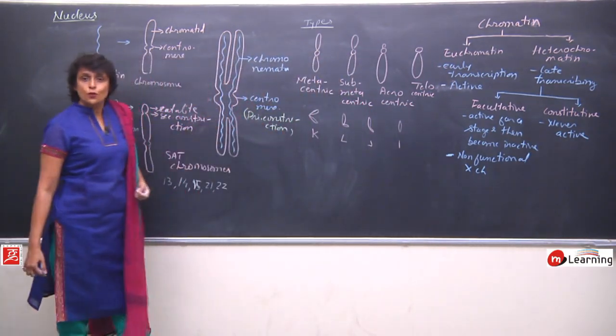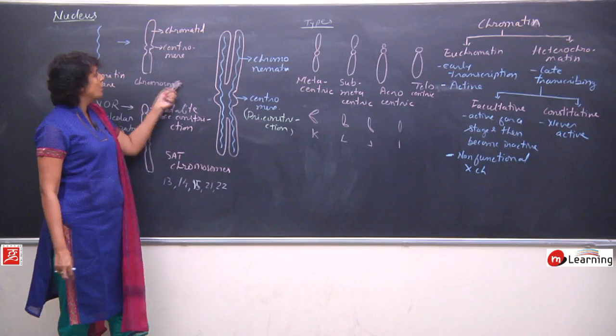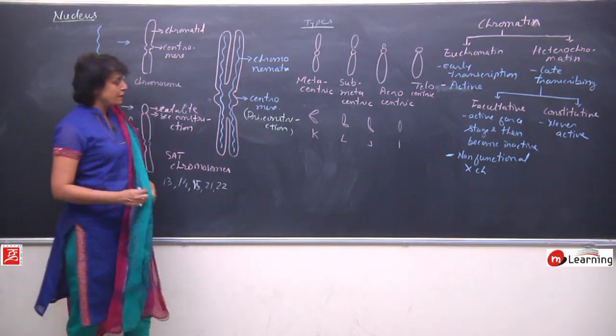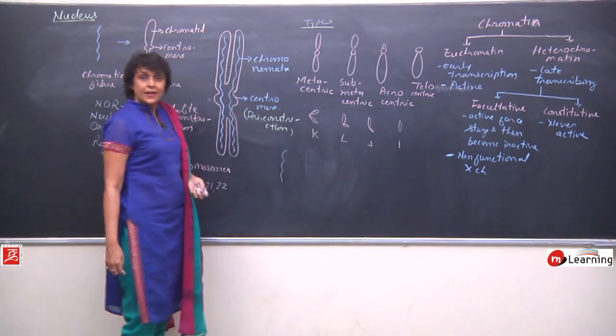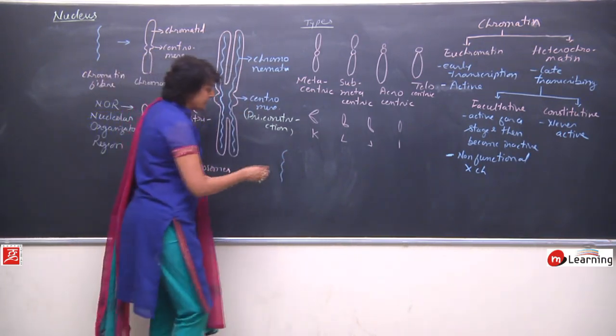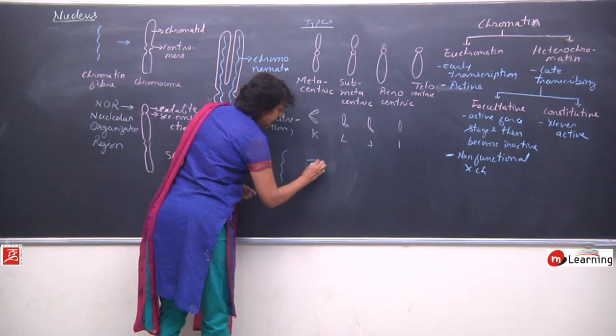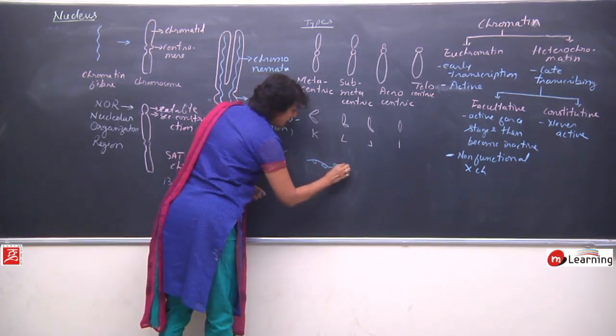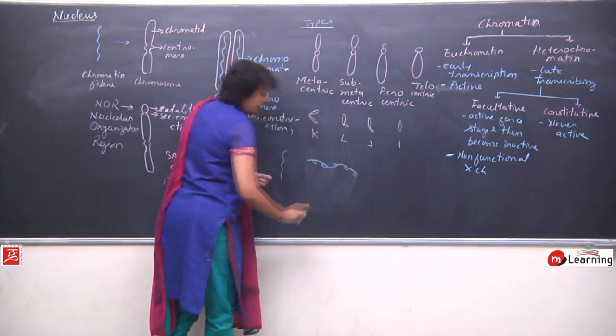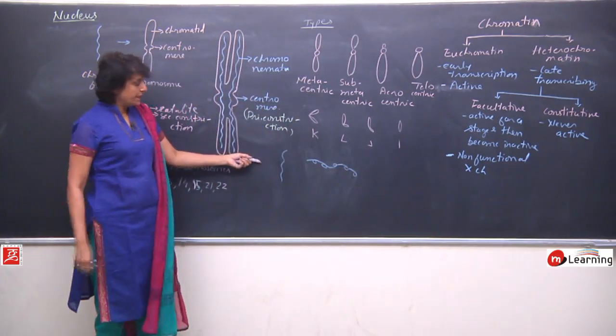Now, when we are talking of chromatin fibers, the chromonemata, we normally draw it in the form of a thread. If we magnify this, we see that it is not just a thread, there are some circular things seen in its structure.